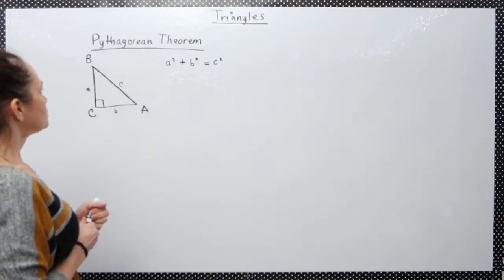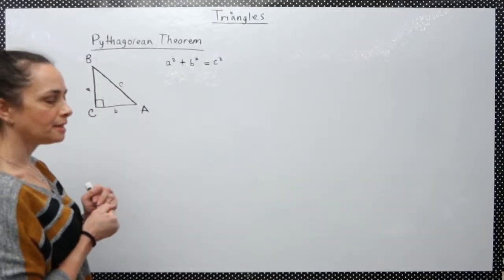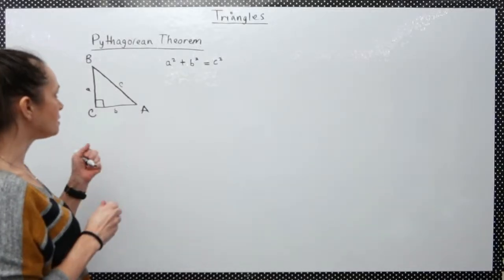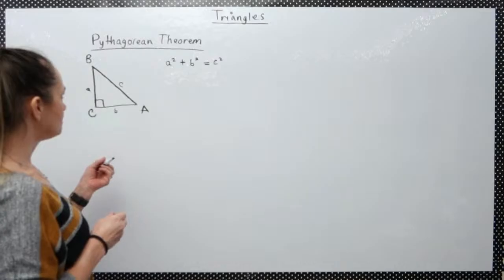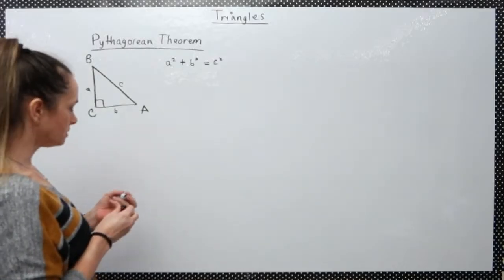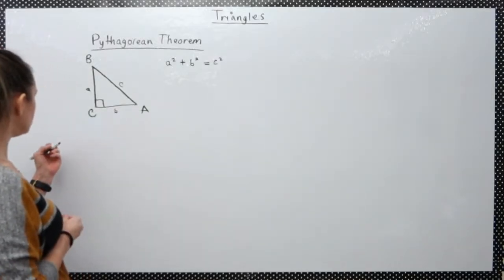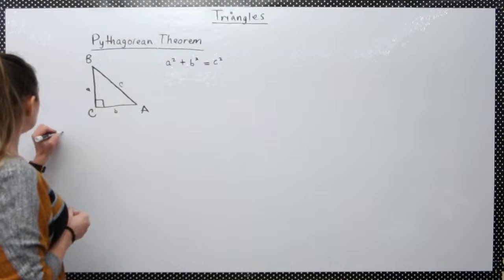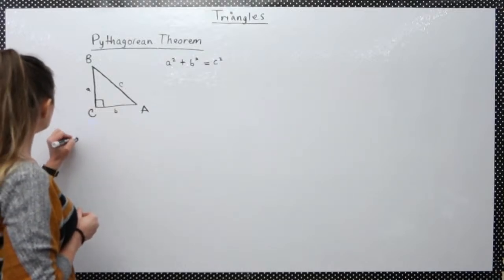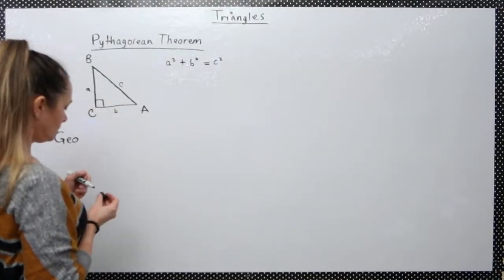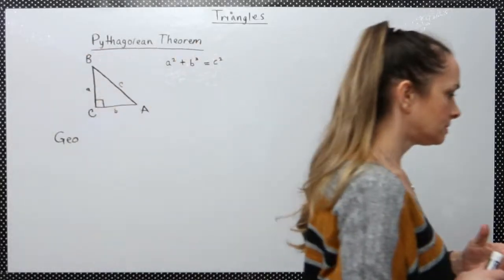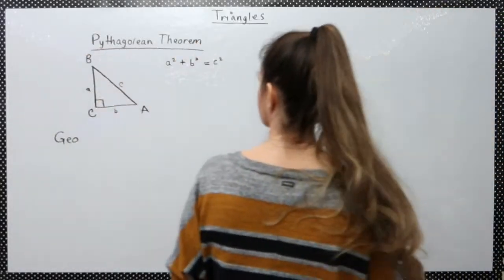Okay, so what I want to do next in similar triangles is talk about this thing called the geometric mean. So I'll put it here, geometric. I think to be more organized, we'll just erase Pythagorean.